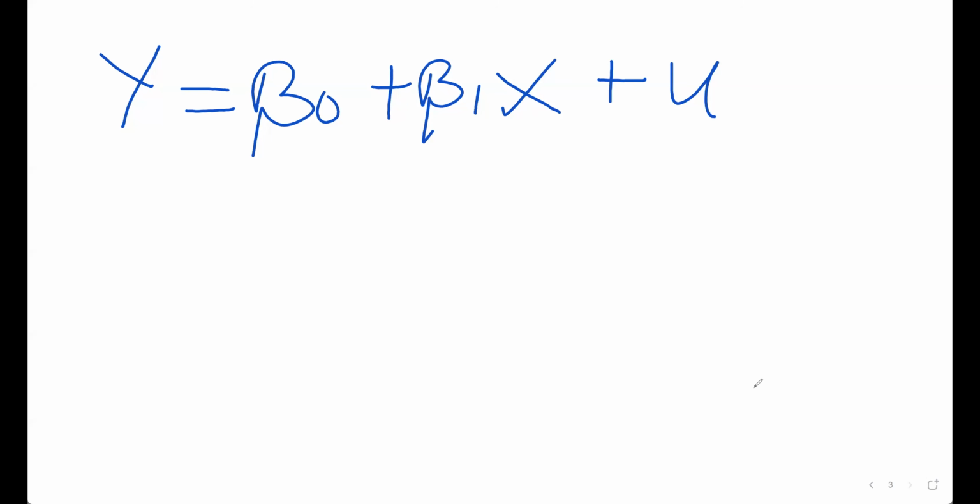Okay, the first one is known as the response variable. The dependent variable is also known as the explained variable. Sometimes it's also known as the outcome variable. So that is a dependent, okay?